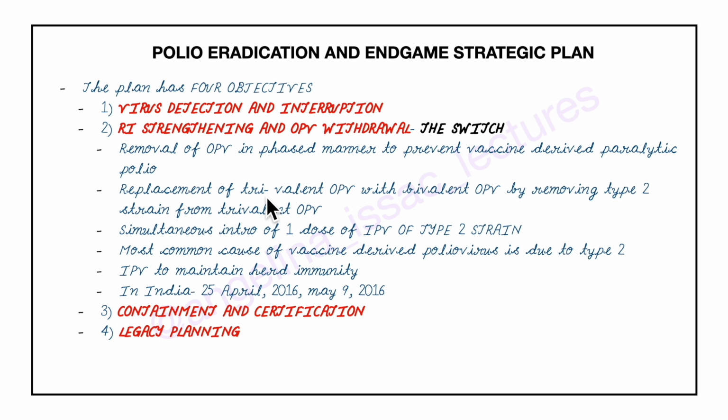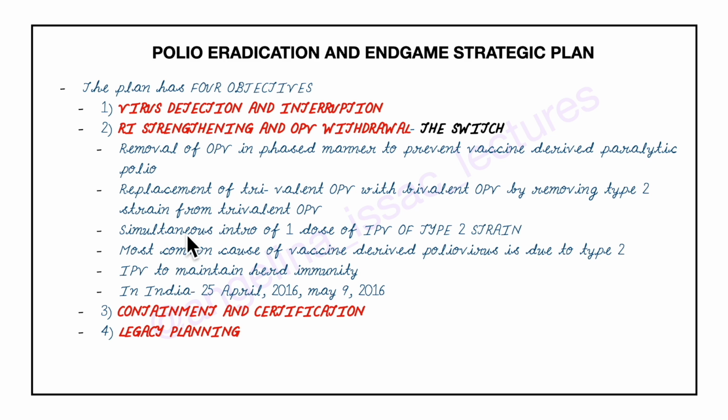The trivalent oral polio vaccine is replaced with bivalent oral polio vaccine by removing the type 2 strain from the trivalent OPV. Trivalent oral polio vaccine contains the 3 serotypes, type 1, type 2 and type 3. This is replaced with bivalent OPV that contains type 1 and type 3, and type 2 is removed.